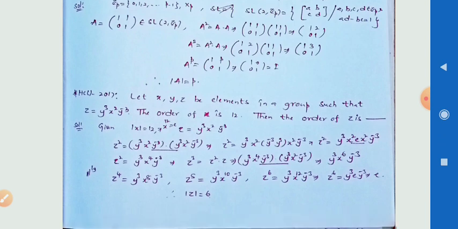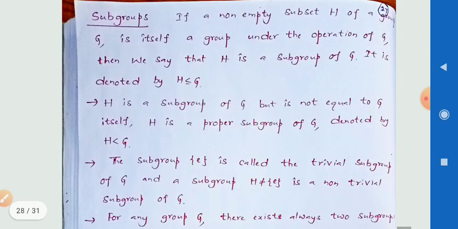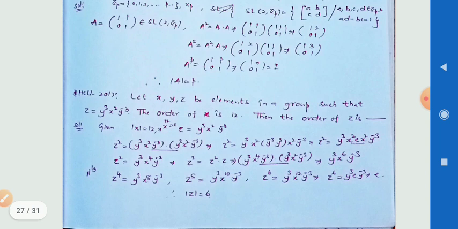For this I am taking the given that the order of x is equal to 12, which means x power 12 is equal to e, and z is given as z equals y cube into x square into y power minus 3. Here I am taking z square, which means z into z.